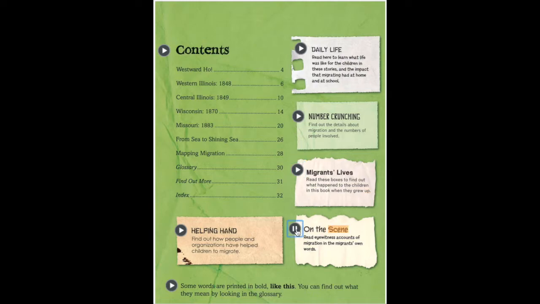On the scene. Read eyewitness accounts of migration in the migrants' own words. Helping hand. Find out how people and organizations have helped children to migrate. Some words are printed in bold, like this. You can find out what they mean by looking in the glossary.